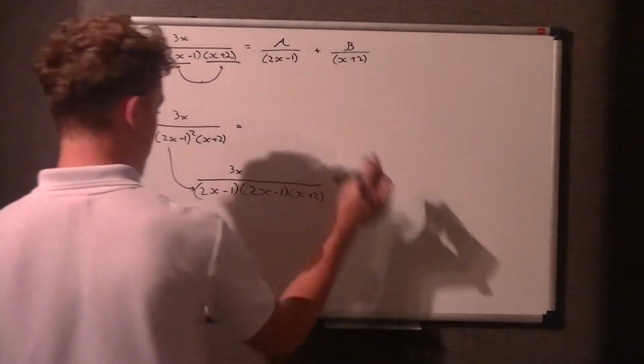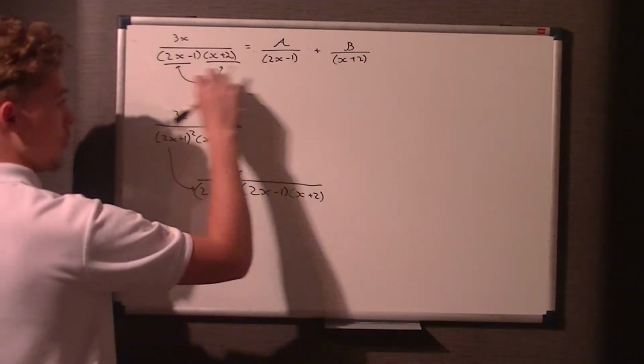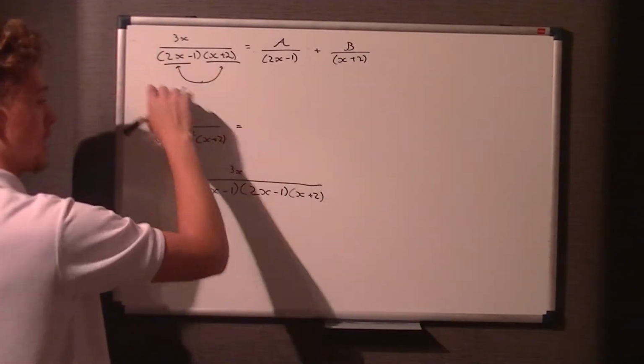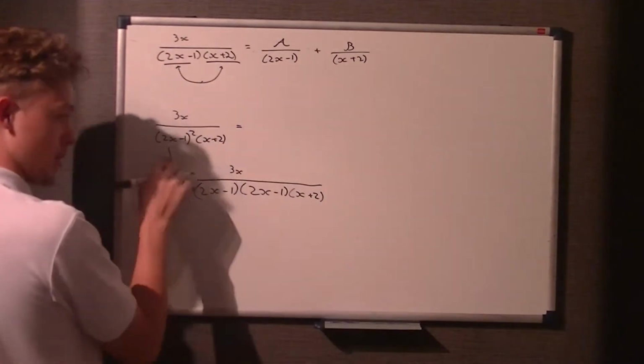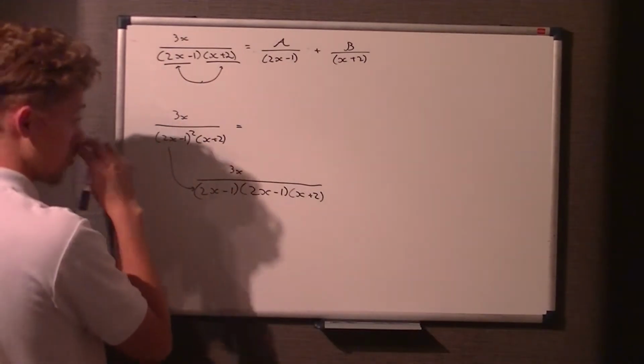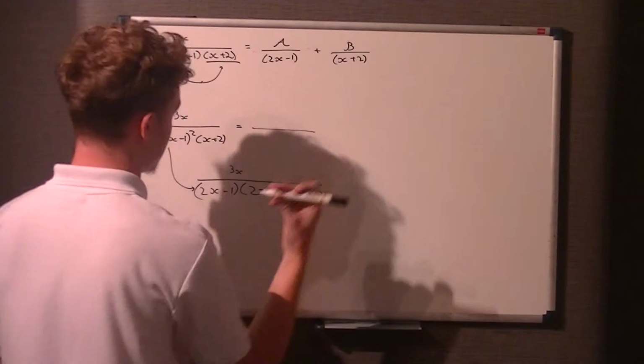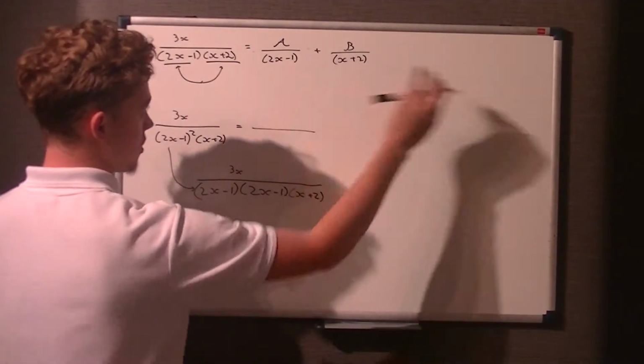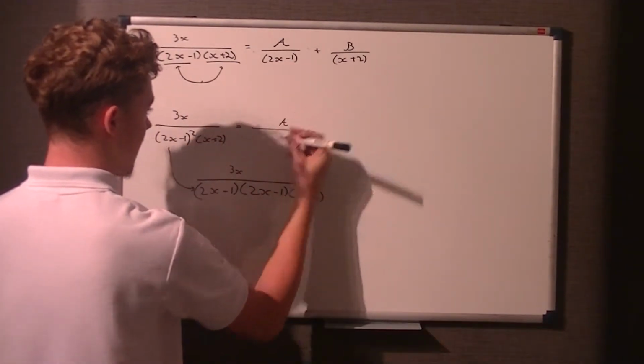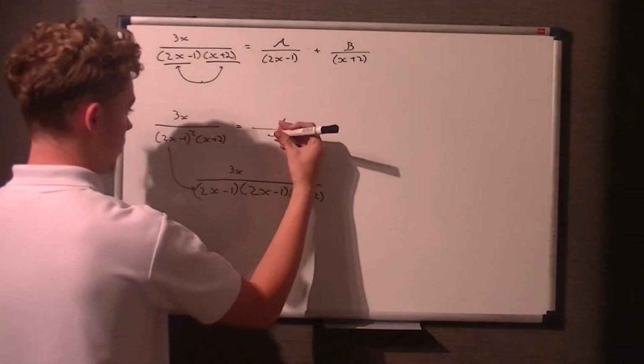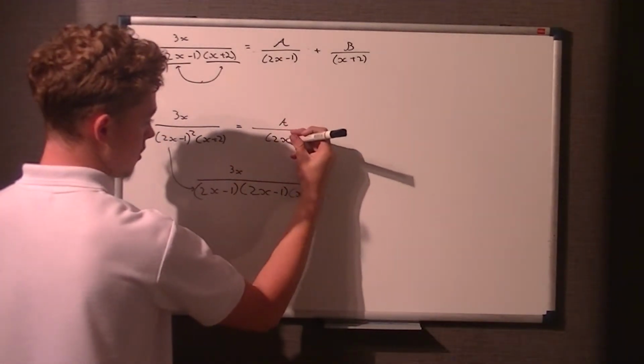So what we do instead, if we want to split this up into partial fractions, we do the same theory here, but this time instead of 2, we've got 3. That's because one of them is to a power squared, so we write it twice. And now we're going to have obviously 3 constants. So it's going to be A over the first linear factor, which is 2x take 1.